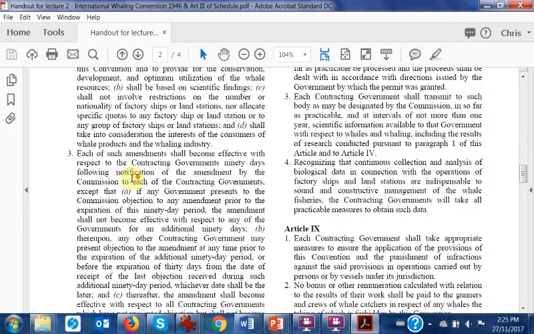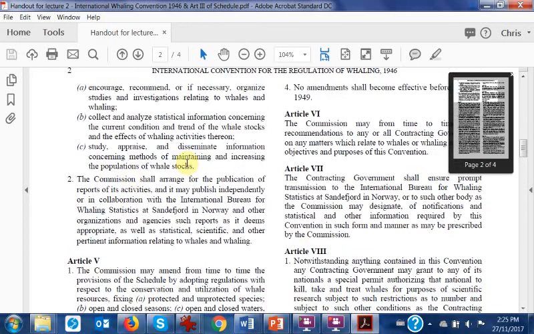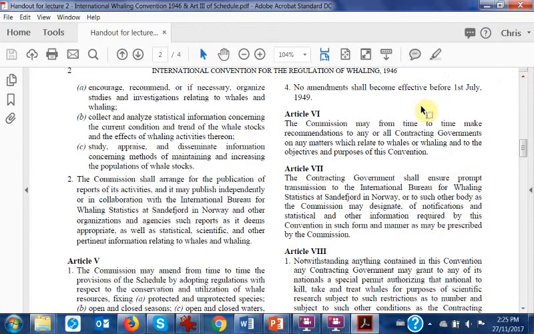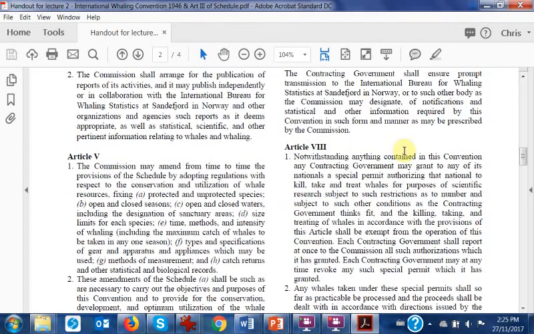And then Article 6, the Commission may from time to time make recommendations to any or all contracting governments on any matter which relates to whales. So recommendations. The contracting government shall ensure the prompt transmission of information regarding whaling.